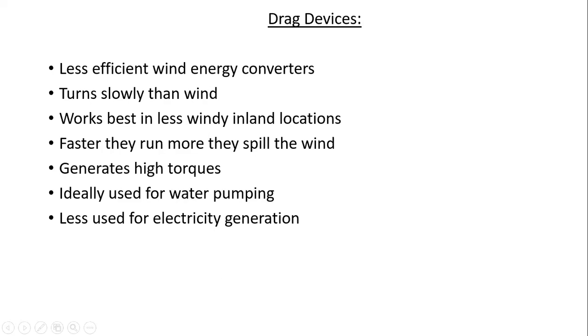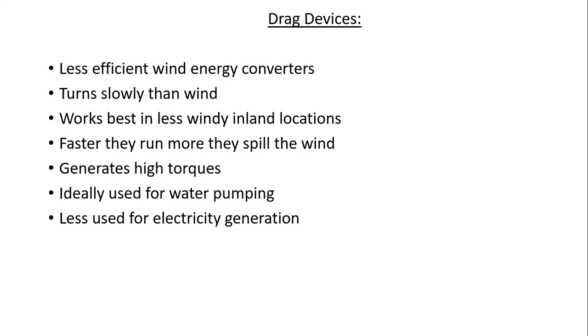Next, we will see the advantages and applications of the drag devices. We know that lift devices are more advantageous than the drag devices. Now we will see the advantages and disadvantages of drag devices when comparing with lift.